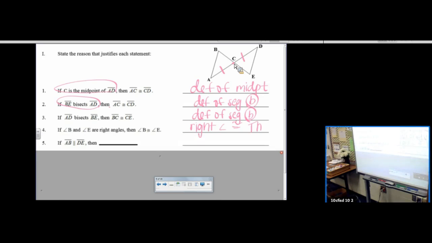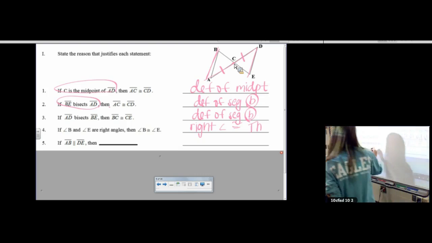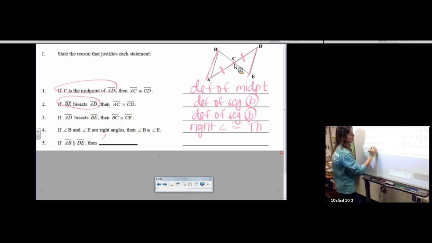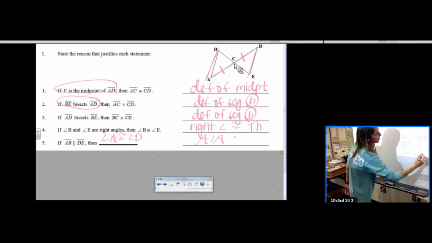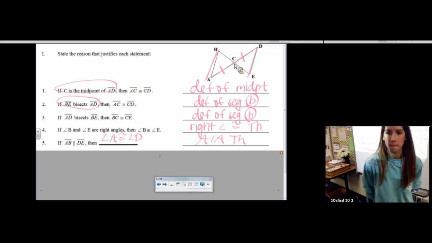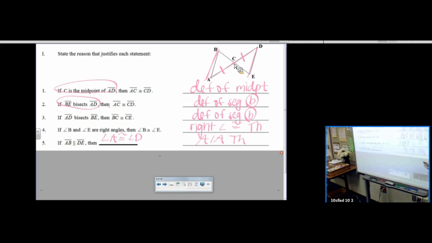If AB is parallel to DE, looks like we're doing the last slide all over again, doesn't it? Then, ooh, it makes us fill in the blank here. Then angle A is congruent to angle D, alternate interior angle theorem. Cool.